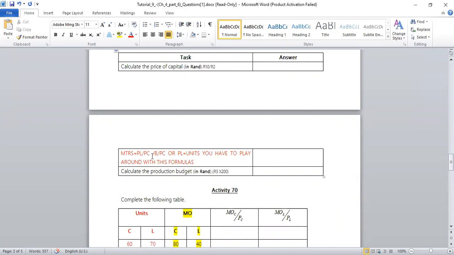Or if I say budget, my budget divided by the price of capital, or price of labor. Here I meant to say you need to play around with these formulas. So it's my error.